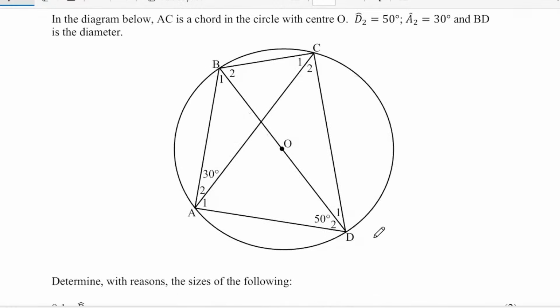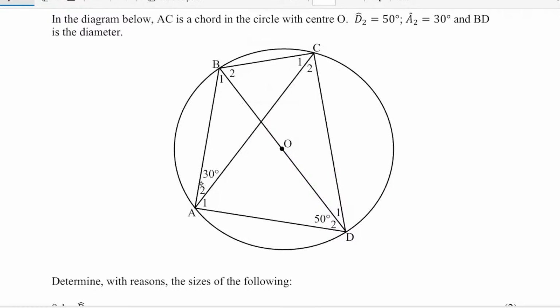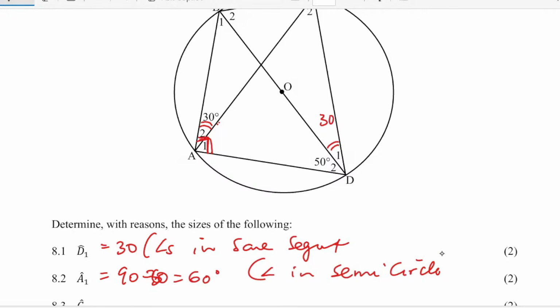Then question number 8. In the diagram below, AC is a chord with O, D2 is 50, A2 is 30, and then BD is a diameter. Can we give reasons? The size of D1. So A2 and D1 are in the same segment, so D1 is going to be 30.